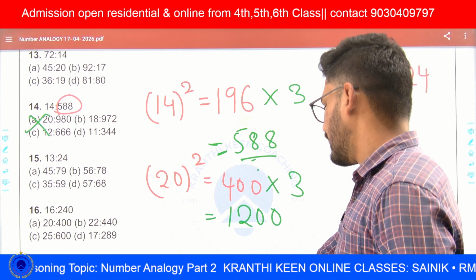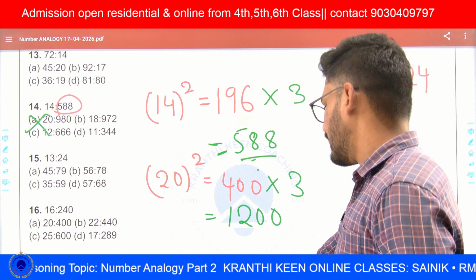Again, see the 21st question. 169, 12, 25. This also relates to squares, isn't it? 169 is the 13 square, as we did in the previous question. But here it is 12, meaning 13 minus 1 is 12, and they have squared 13.